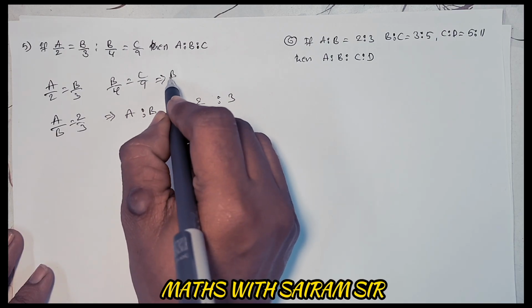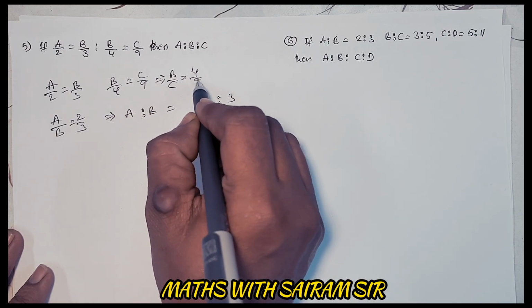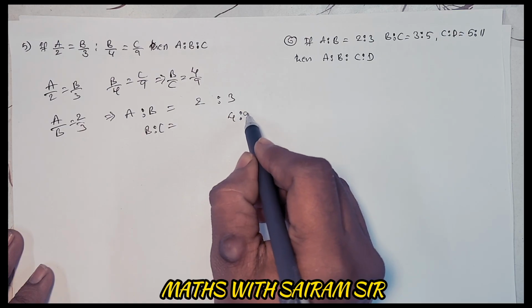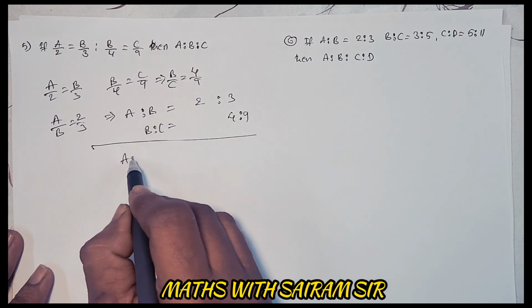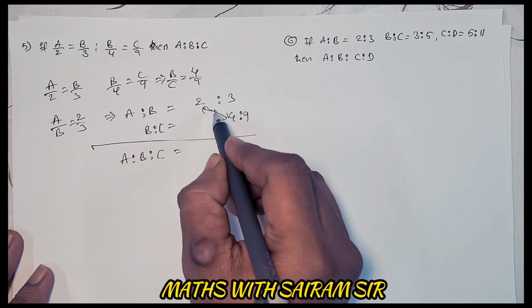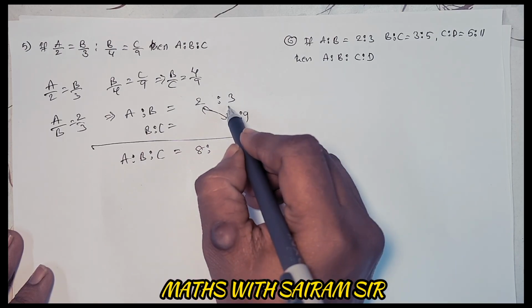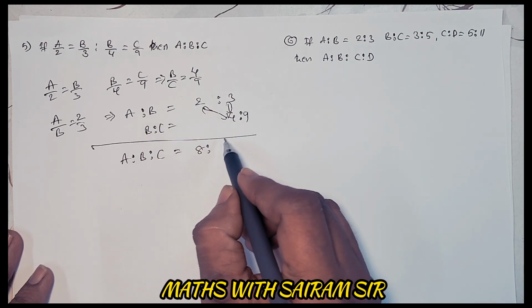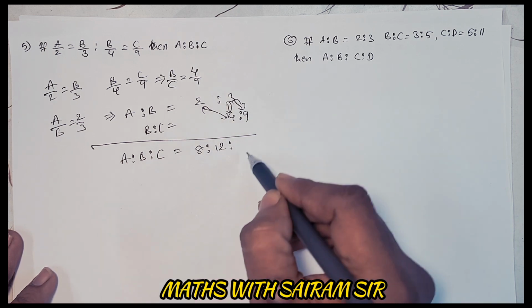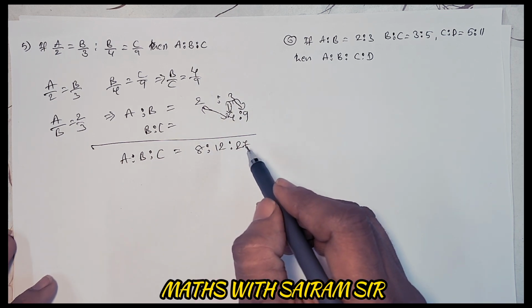From this, B by C can be written as 4 by 9. So B is to C can be written as 4 is to 9, and we are asked to find out A is to B is to C. So multiply both of the first terms. 2 4s are 8 is to multiply these two terms, and multiplying this will get 12, and multiplying this will get 27. So required ratio is what?